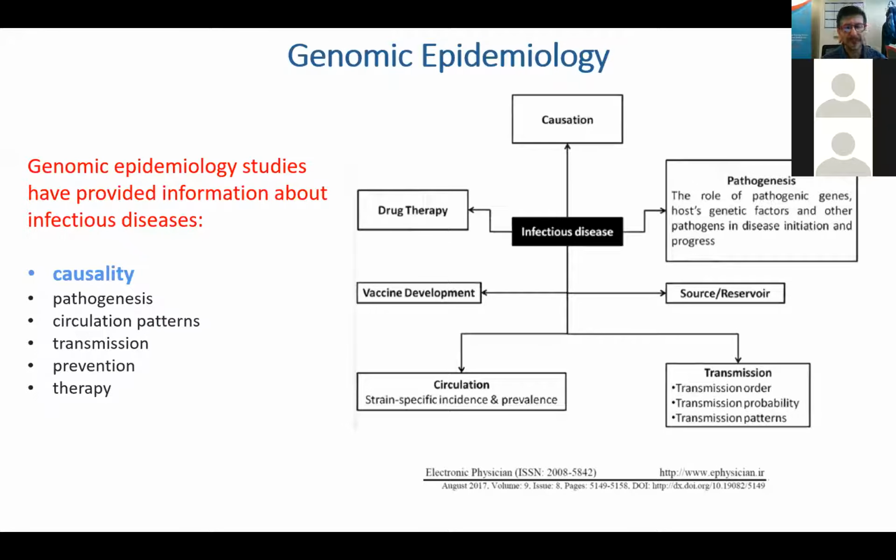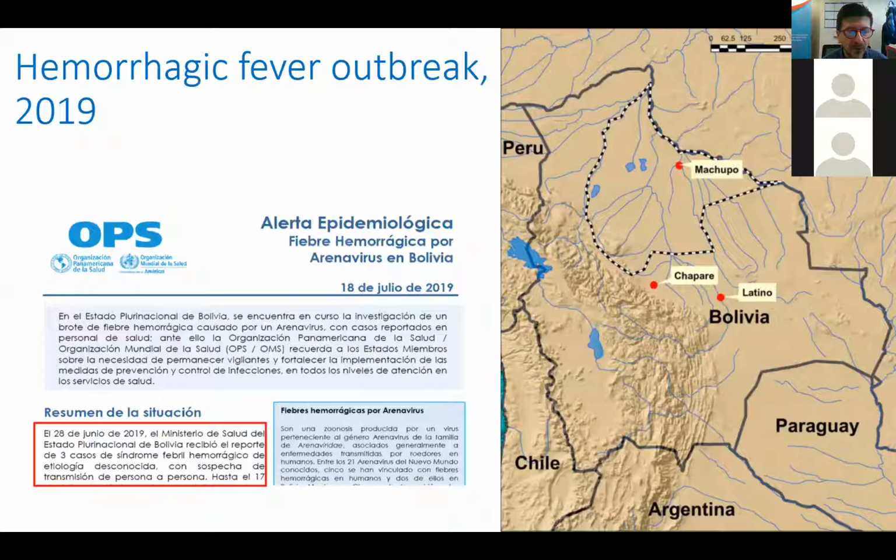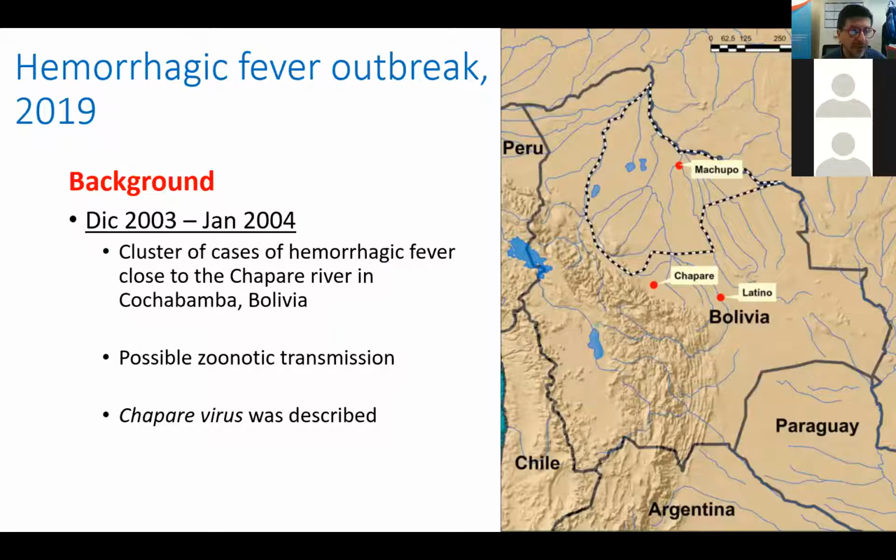In terms of causality, I simply want to show you some examples of recent situations which are very clear. For example, this one of an outbreak of hemorrhagic fever in 2019 in Bolivia, where we only had patients with the clinical picture and we began to understand the pathogen involved.